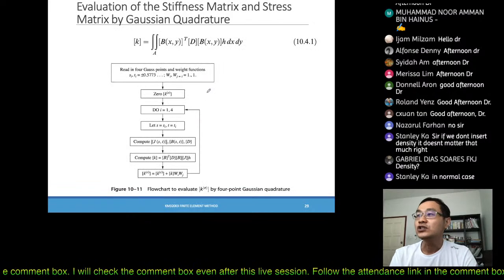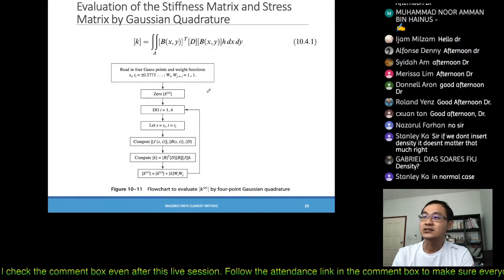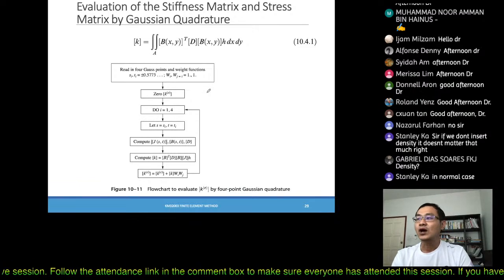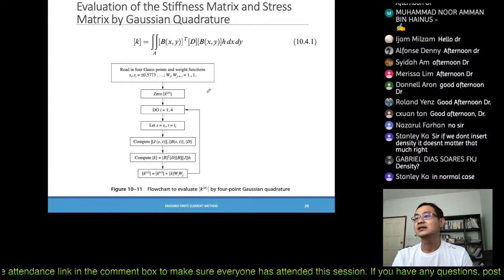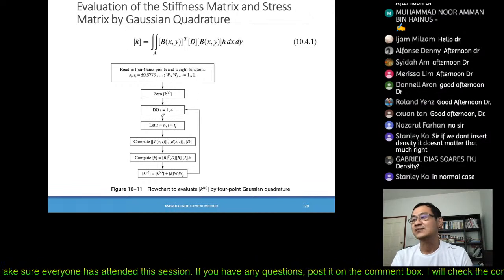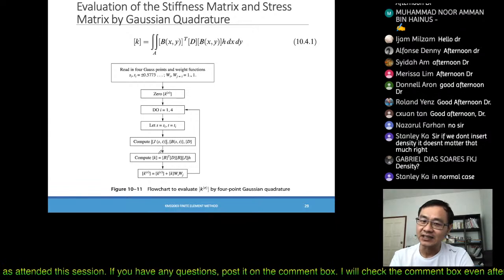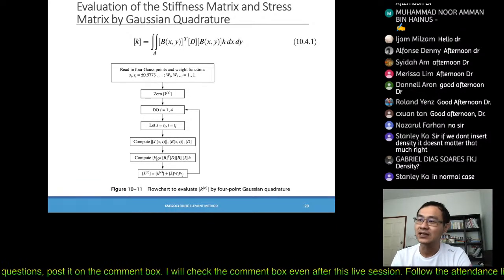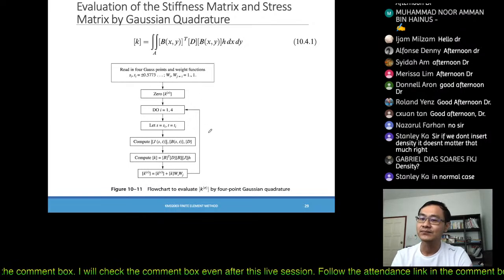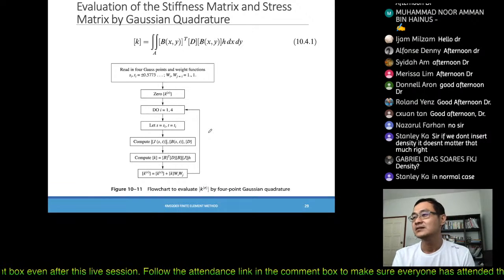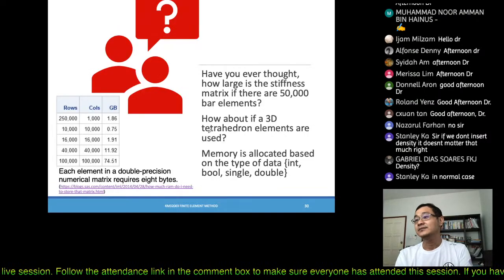So the evaluations of the stiffness matrix and stress matrix by the Gaussian quadrature method are as shown in this generic flow chart. Generally they will do it in this way, but you can do it on your own, right? This is just a guideline.